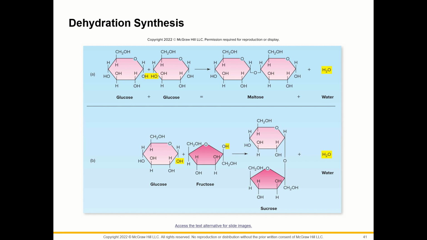Notice that a molecule of water is produced as the disaccharide is formed, and that's why we call it dehydration synthesis, because when you take the hydrogen off of one monosaccharide and the hydroxyl group off of the other monosaccharide to form this disaccharide, you end up joining them with the leftover oxygen, and the water then is released.